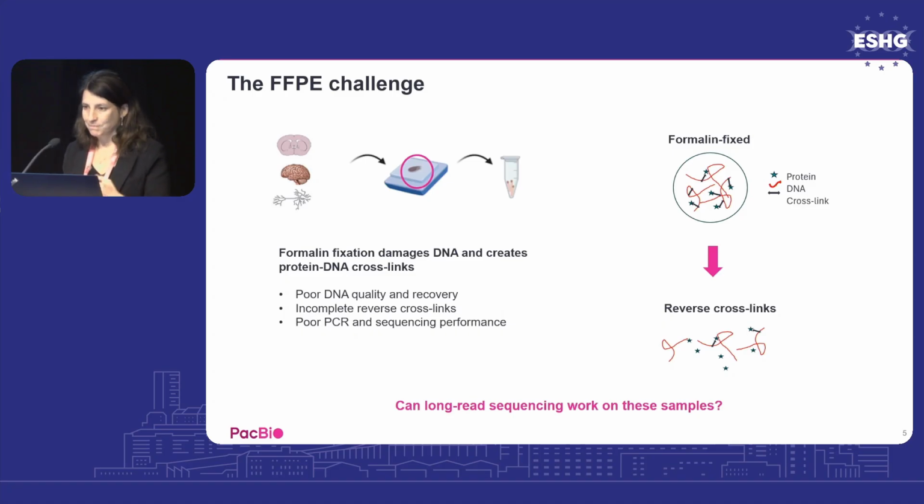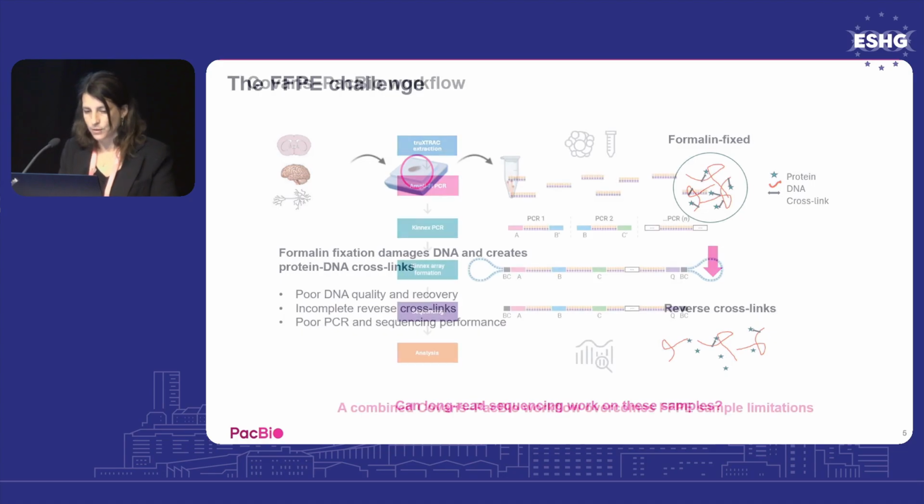The result of this fixation is usually low DNA quality, and it's then difficult to use this sample for molecular biology workflows like library prep. So the question was really, can we do long-read sequencing with FFPE samples? And it's really what we are trying to address with our new workflow.